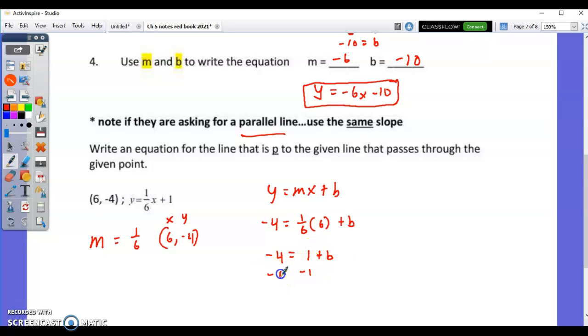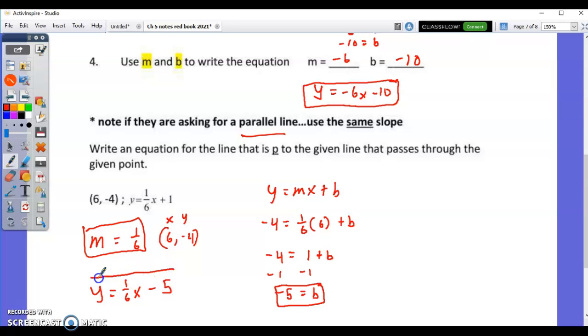Subtract 1 from both sides. -5 equals b. I have my b. I have my slope. Now I can write the equation of the line. y equals mx plus b.